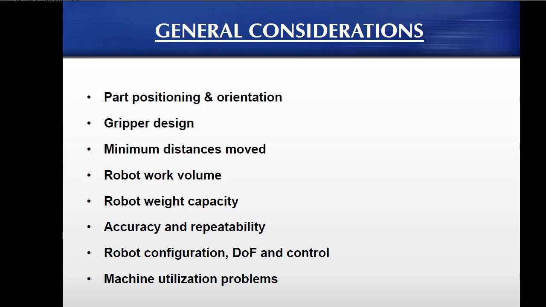Then we have the robot weight capacity. If you need a larger work volume, you need to increase the size of the robot, and when you increase the size, the weight of the robot also obviously increases. So that should be taken care of with respect to civil construction limitations and structural limitations. Then we need to consider the accuracy and repeatability.